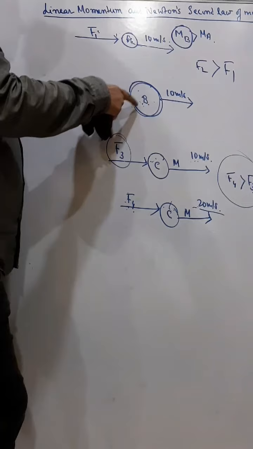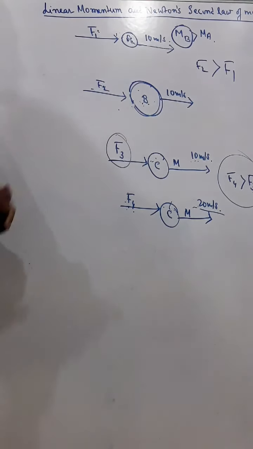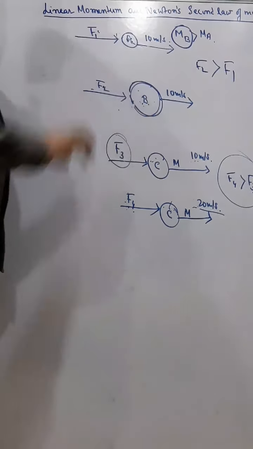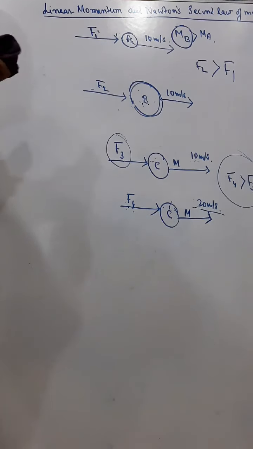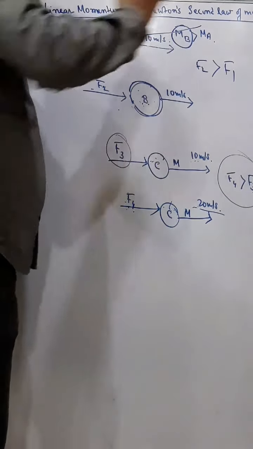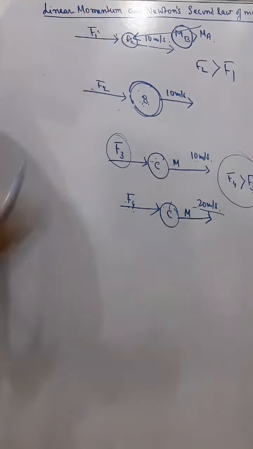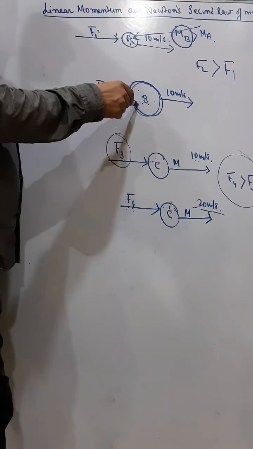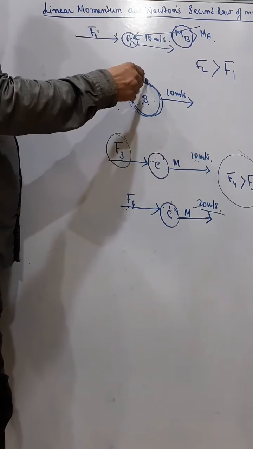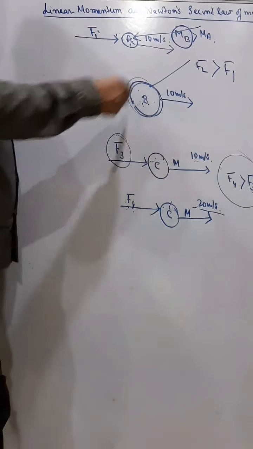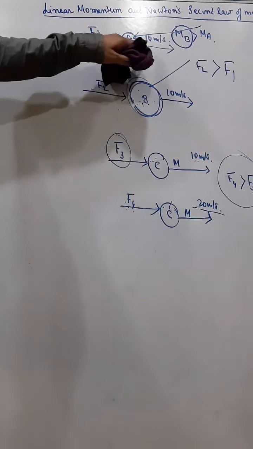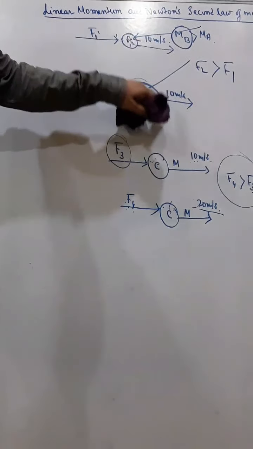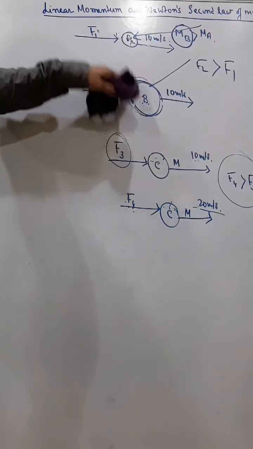And as usual the mass of B is greater than the mass of A. Now I require to stop the body. For stopping the body also I have to give a force in the opposite direction. Here also you can understand that in case of B, I have to give a greater force to stop, although both are traveling at the same velocity, but their masses are different.